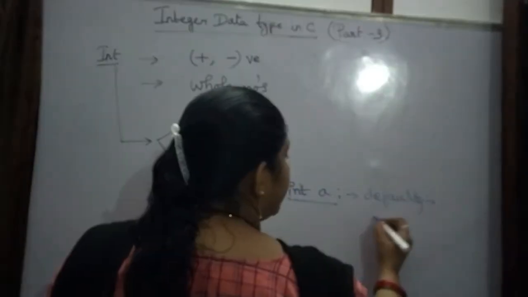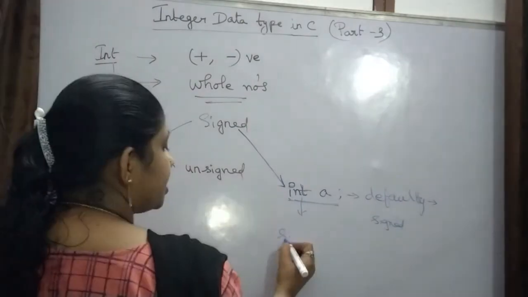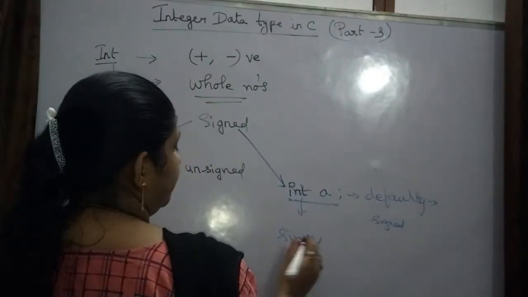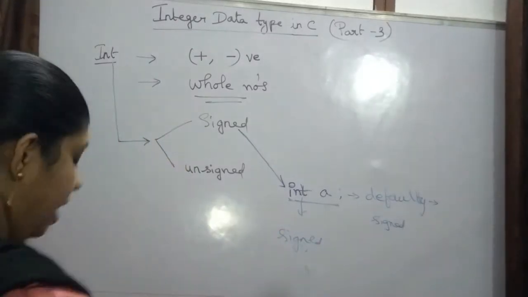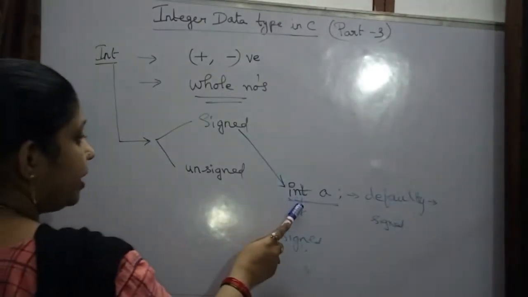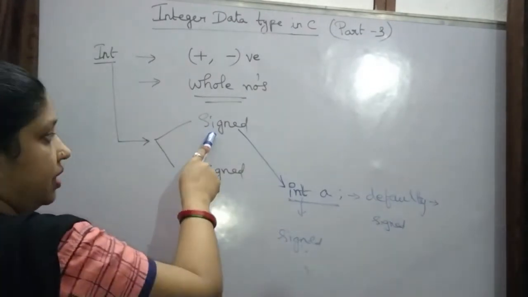The meaning of this is signed integer. If you declare like this, by default it will take signed.